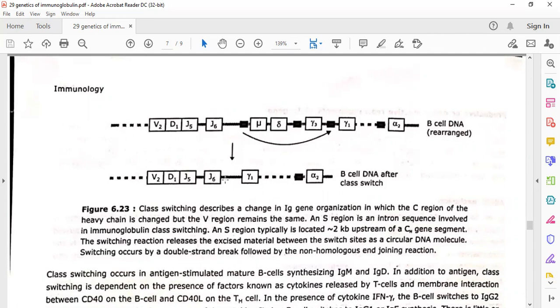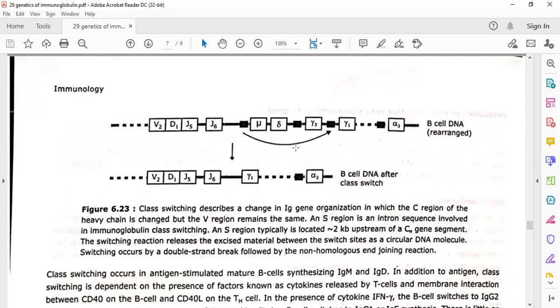So suppose if there is a mu, and there is not any kind of recombination, then it will prepare immunoglobulin M. And if there is a requirement of the preparation of D, so the mu will be here, and immunoglobulin D will be prepared along with the immunoglobulin M. So this is the idea of the class switching.